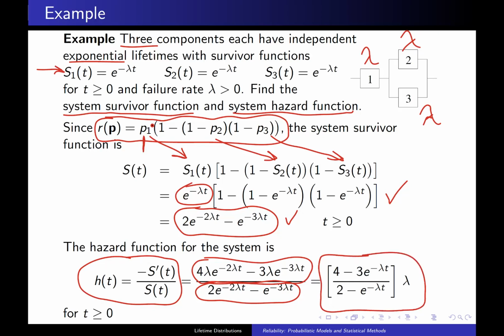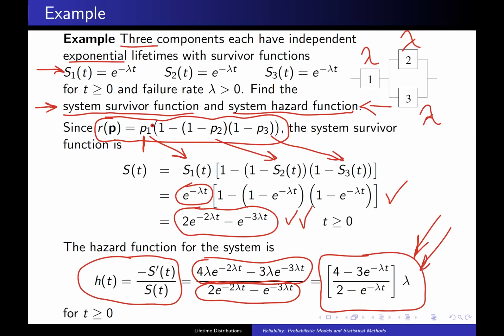Now we're going to take a careful look at this hazard function, because we have actually answered the question at this point. We have given the system survivor function right here, and we have found the system hazard function right here.